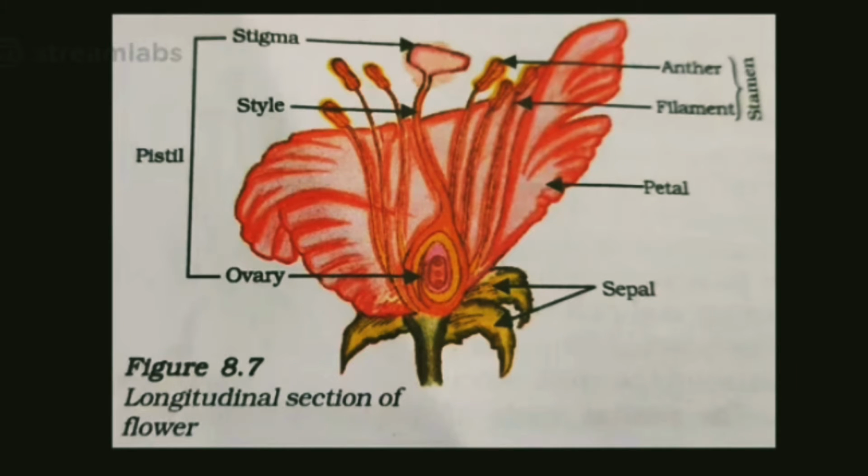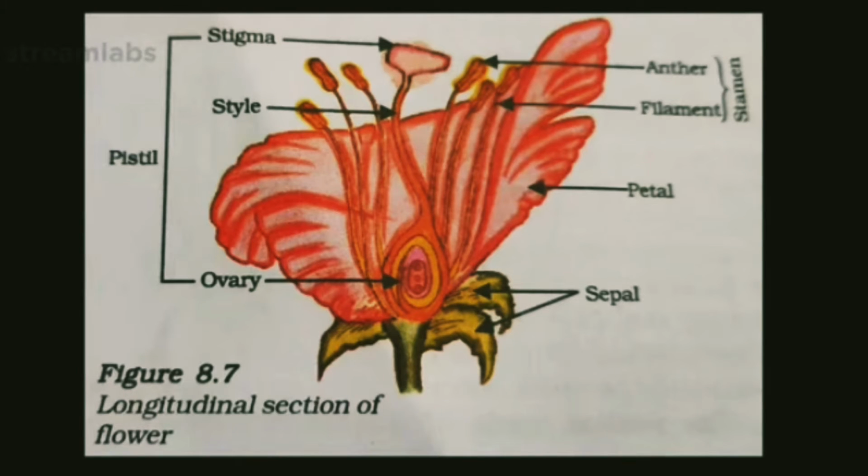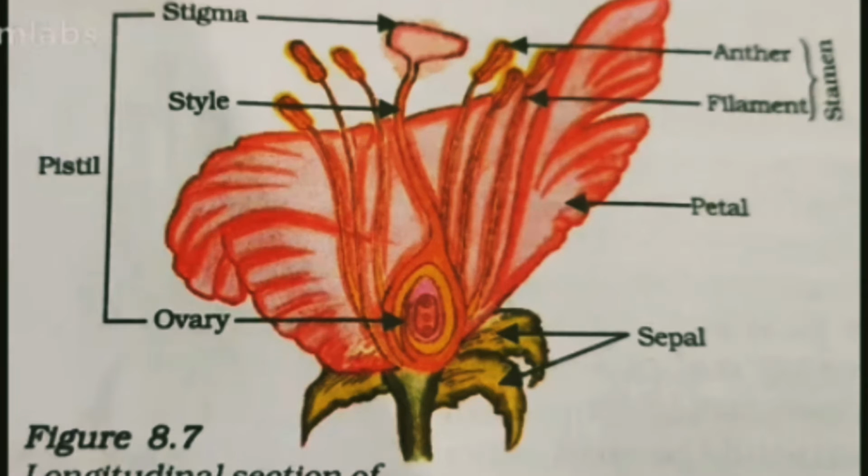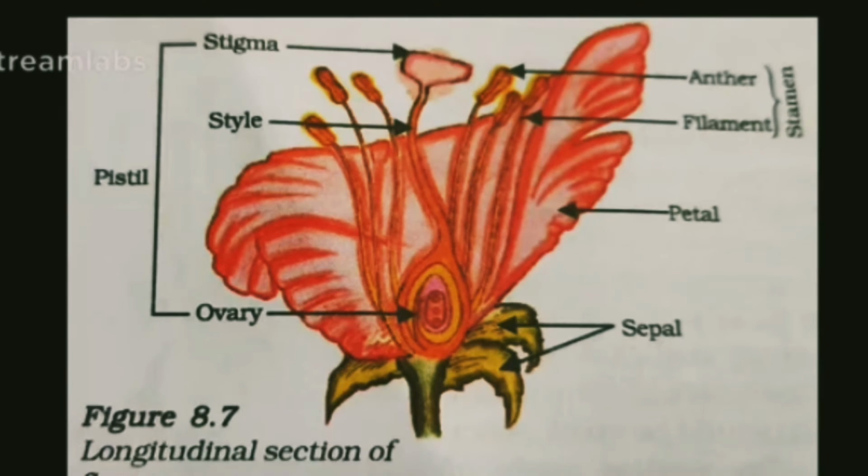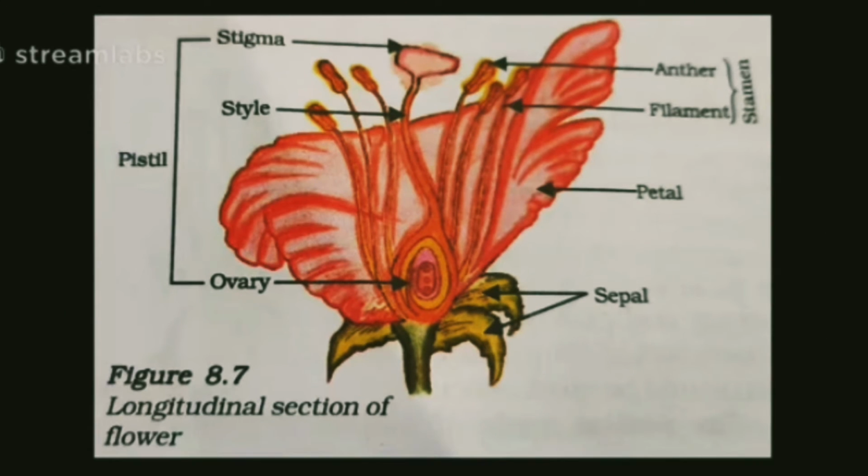Now, if the pollen transfers from stamen to the stigma with the help of insects or with the help of wind or with the help of water, anyhow, with some assistance, pollen transfers from stamen to the stigma. This is a bisexual flower.